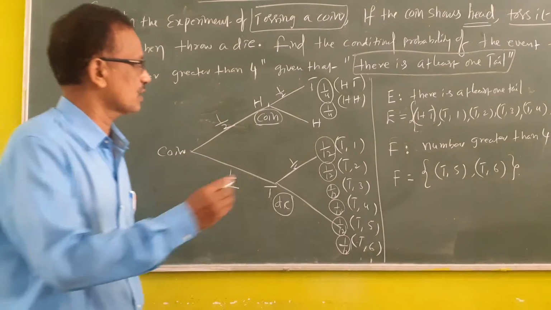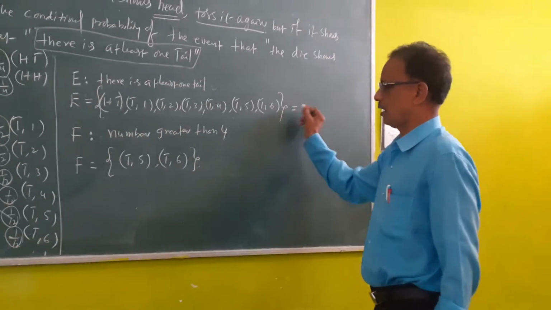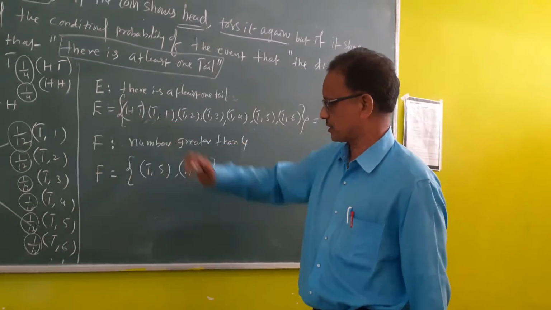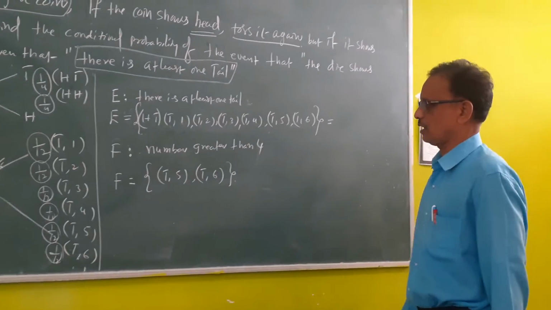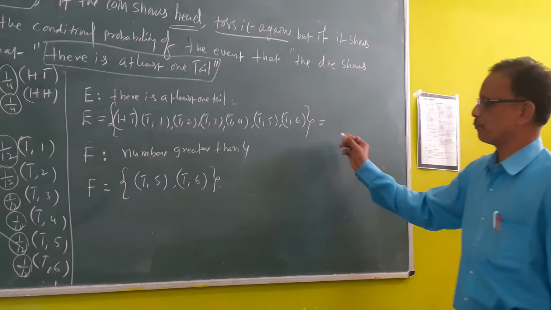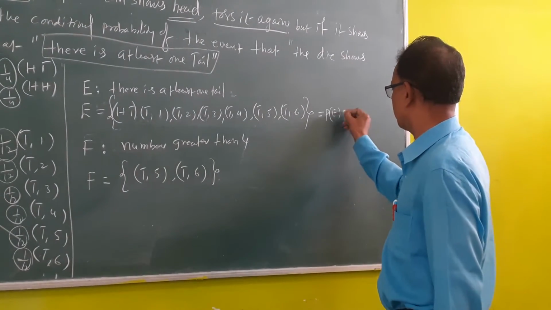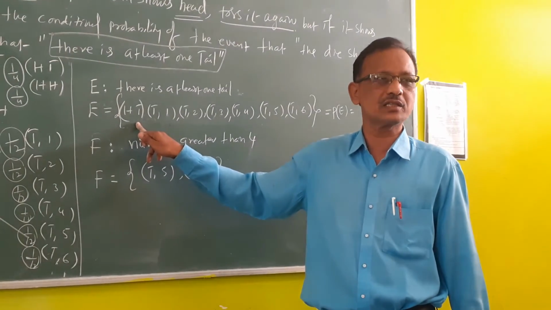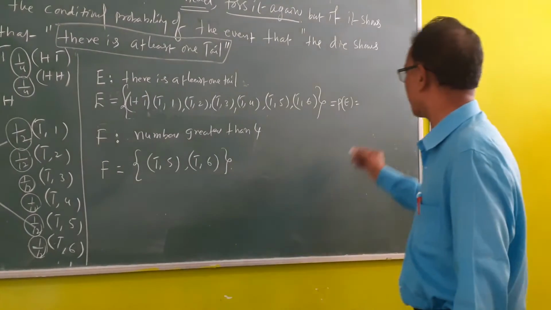Right, okay. Now come to this. What is the probability of this? See here, probability of E. Probability of every event: what is the probability of HT? 1 by 4.